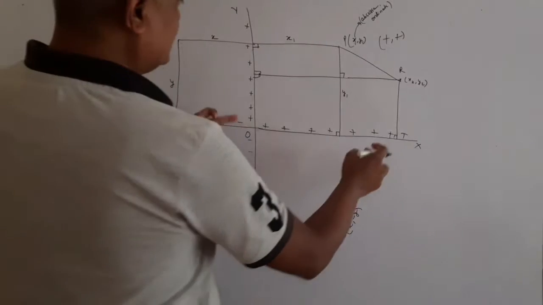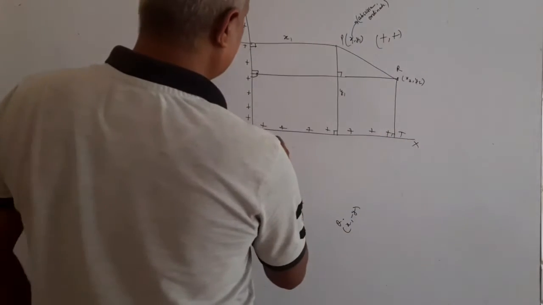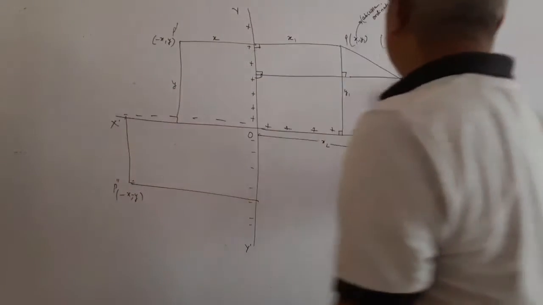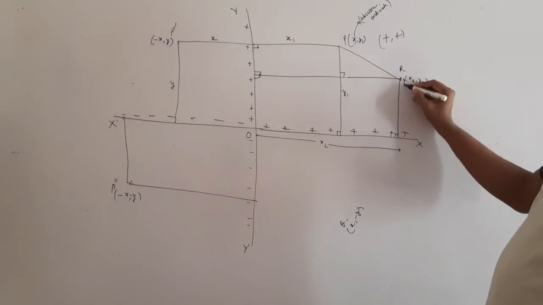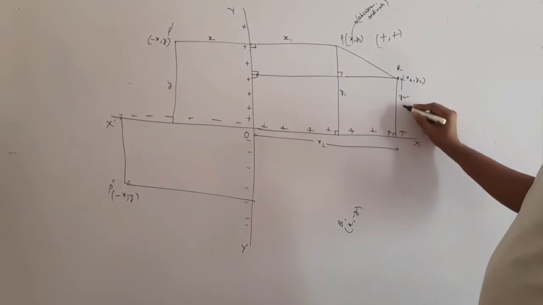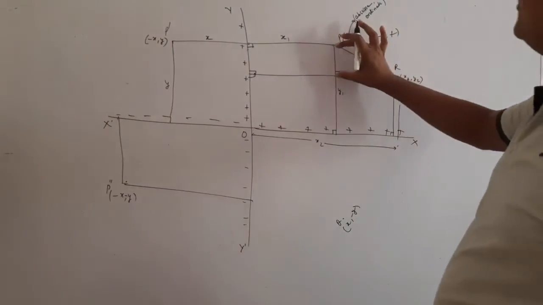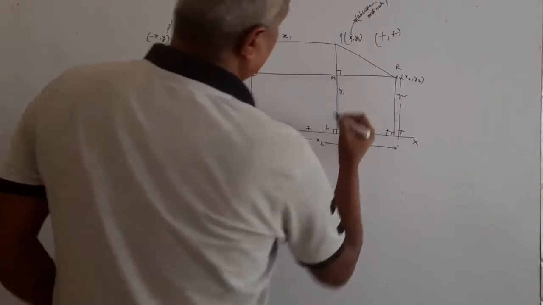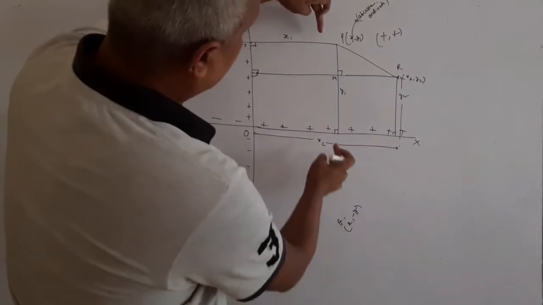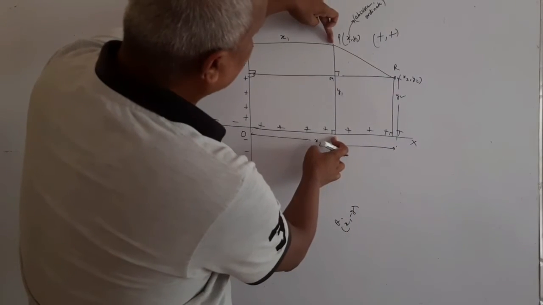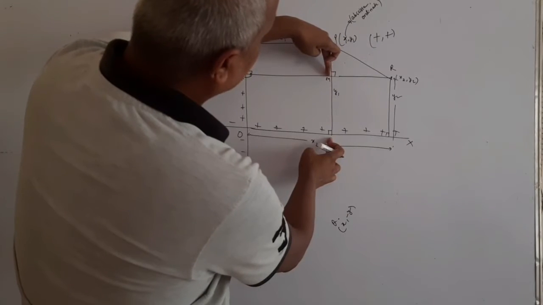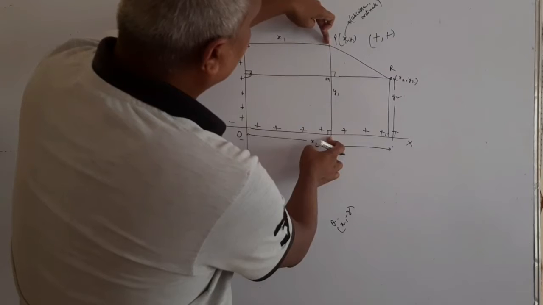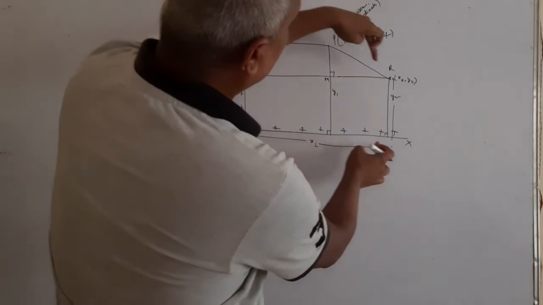So this distance from here to here will be x2, and from here this will be y2. Suppose I name this point M. Then you see that this is your x1, this is your y1 and this is your y2.